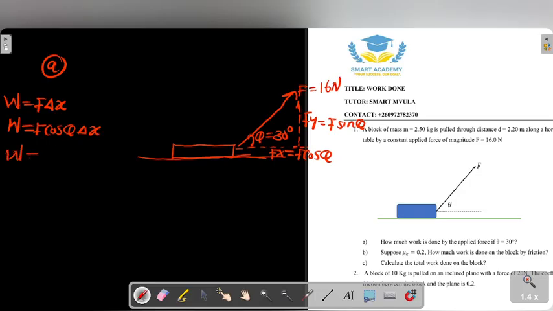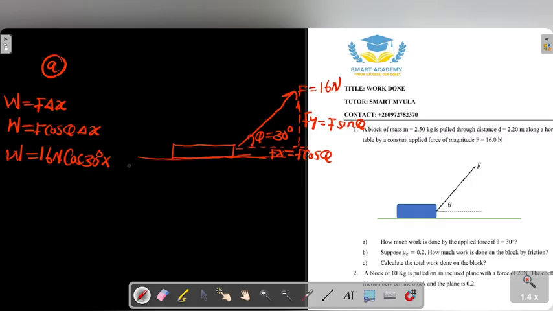So the work done by the applied force is equal to the force applied, 16 newtons, times cos of the angle, 30 degrees, times the displacement, 2.20 meters.